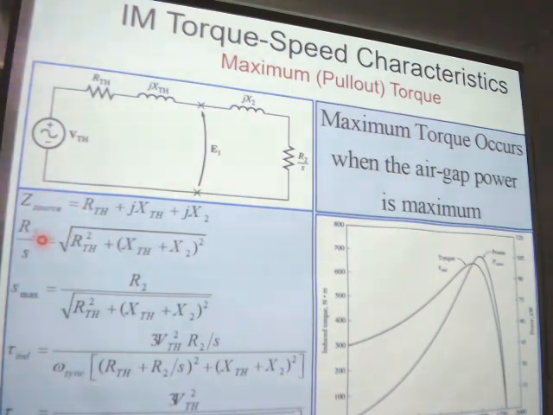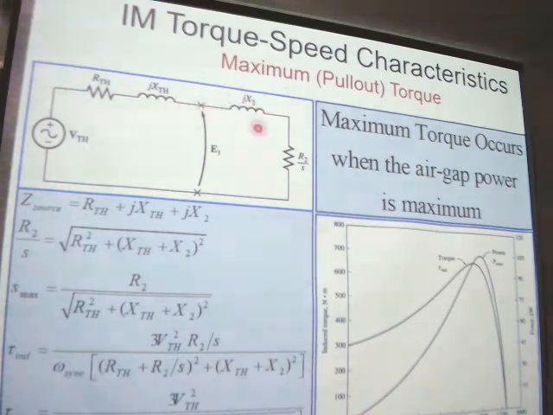Let's have a review. The source includes the RTH and the inductance XTH, and X2 is the rotor inductance.